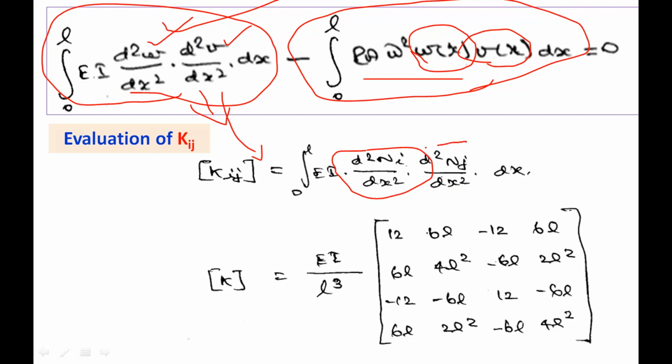After substituting the second order differentiation, and after that we do integration and apply the limits, we will get the elements of the stiffness matrix. So we will get a 4 by 4 matrix as the stiffness matrix. Here the major diagonal elements are non-zero, and this is a square and symmetrical matrix, that you have to remember. And how to derive the mass matrix for this transverse vibration problem, let us see.